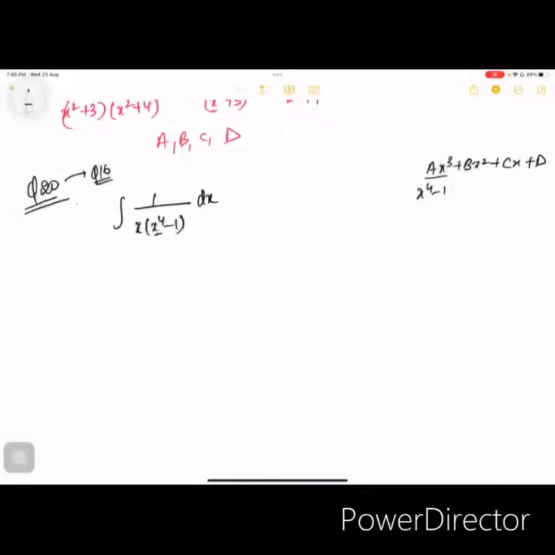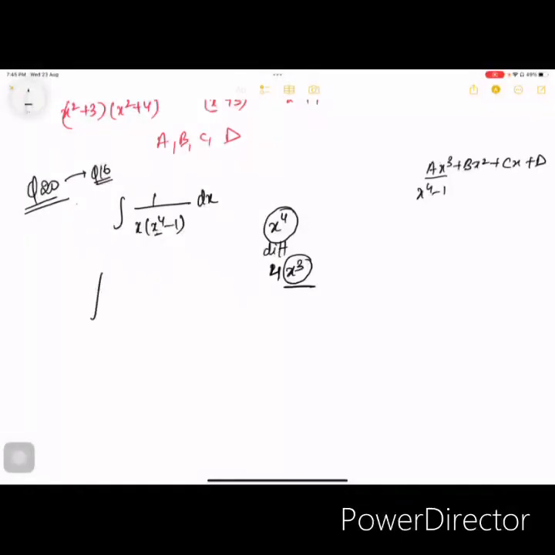So here we will just simply check what is the derivative of x raised to power 4. Differentiating it will become 4x cube. That means x cube should be present in numerator. Then the question will be easy. It will become easy if there is x cube in the numerator.